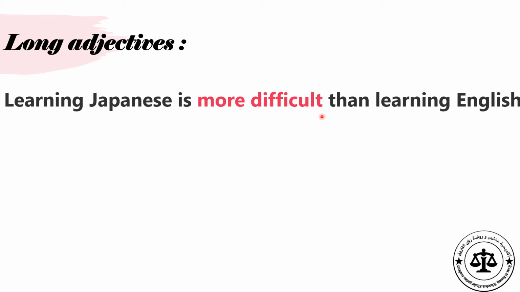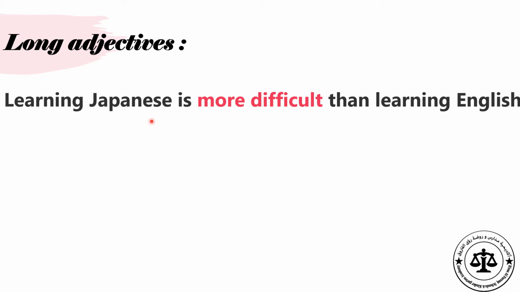Difficult has 3 syllables, so this is a long adjective. Because this is a long adjective, we have to compare the 2 items by adding more with the long adjective. So this is more difficult. Why do we use more here? Because we have a long adjective, so we have to add more: more difficult than.